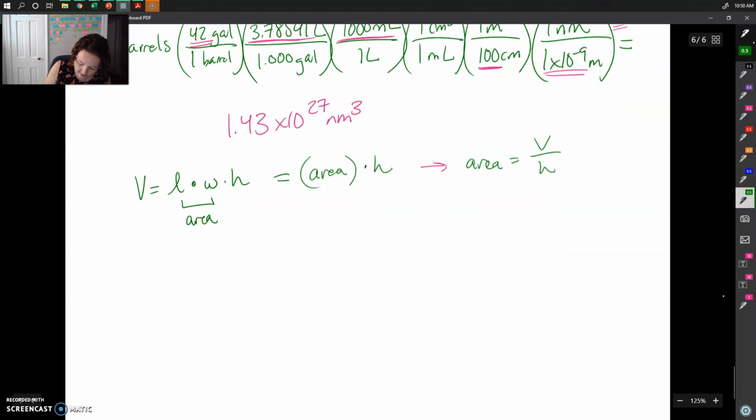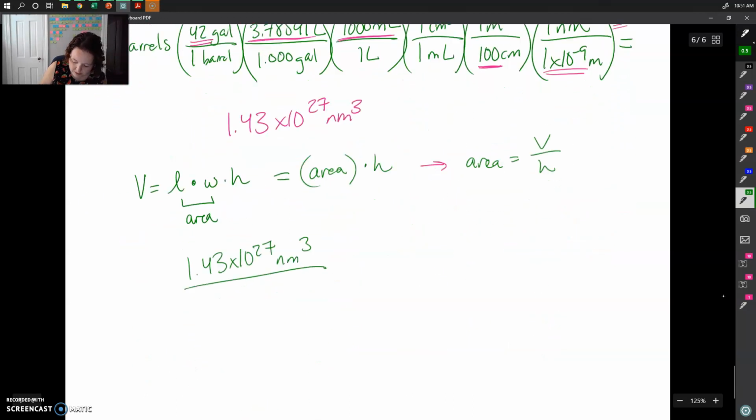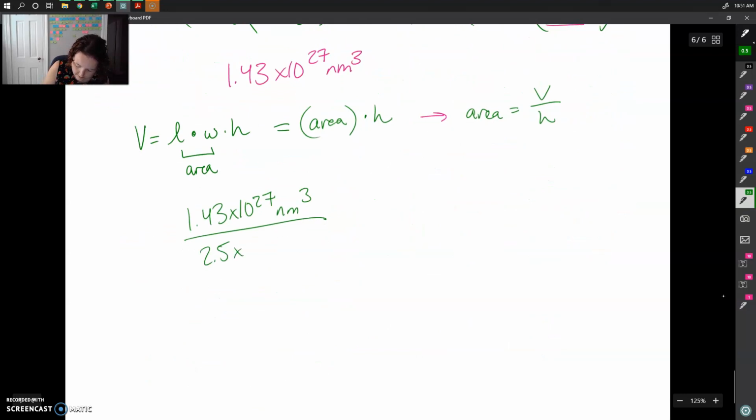So to get my area here, I'm going to start with my 1.43 times 10 to the 27th nanometers cubed, and I'm going to divide that by the height I was given, which if I come back up here was the 2.5 times 10 to the 2 nanometers thick. And that's going to give me an area of 5.72 times 10 to the 24th nanometers squared.